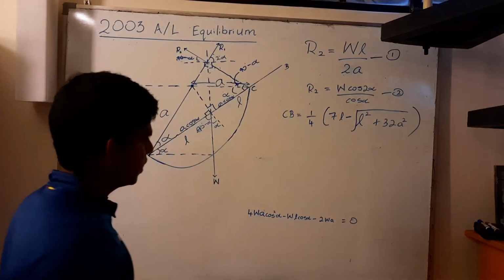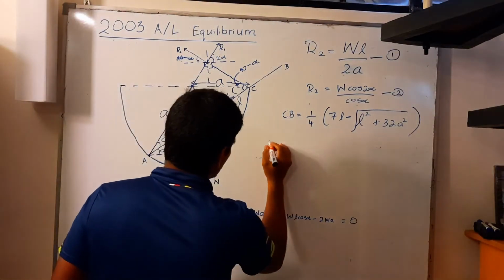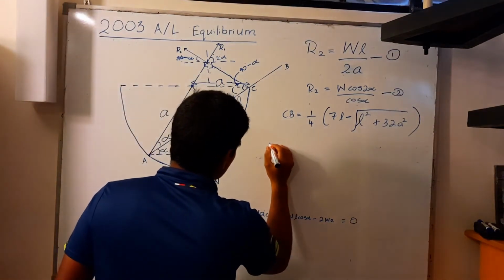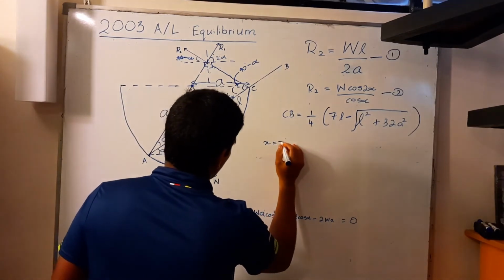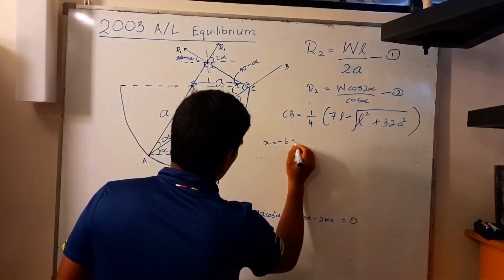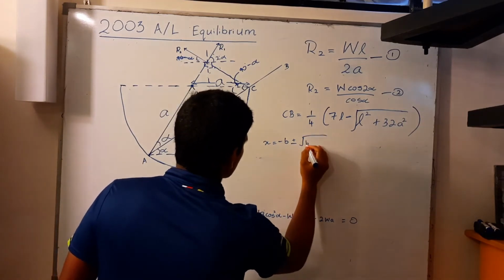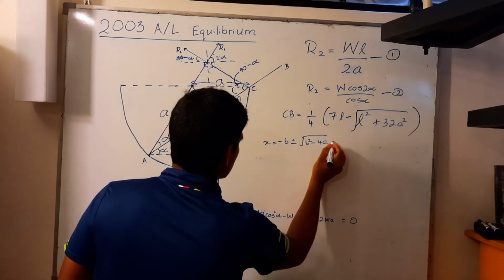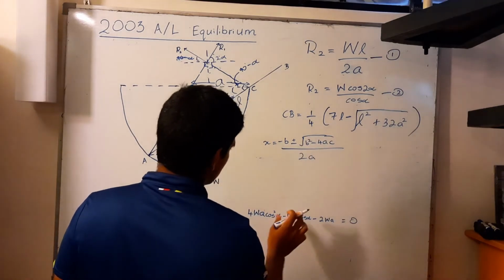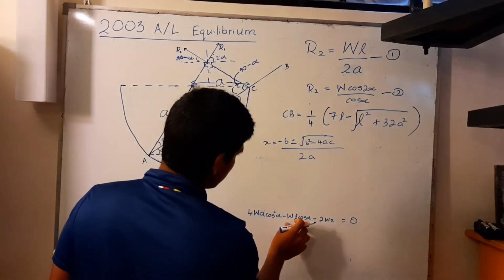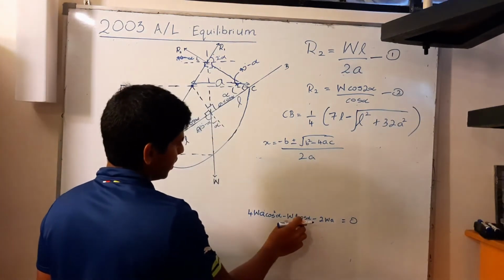To find the root, we can use this: if x is a root, x equals minus b plus or minus root of b squared minus 4ac over 2a. In this instance cos alpha is the root and minus WL is the b term.